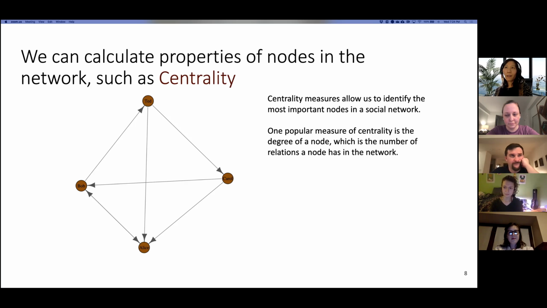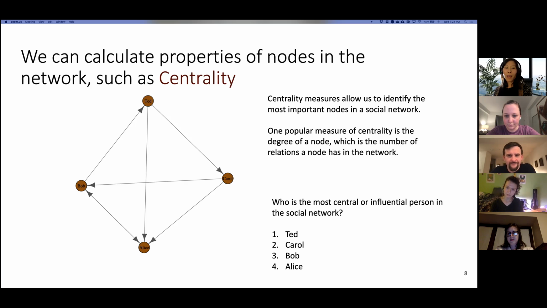And one thing that's really common that people like to think about is the centrality of each person, or the nodes in the network.